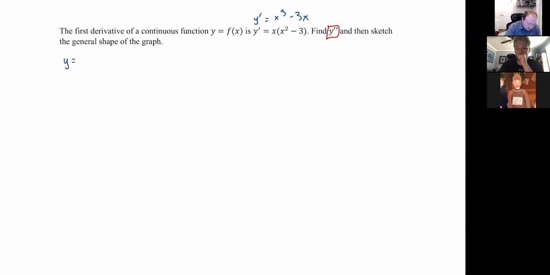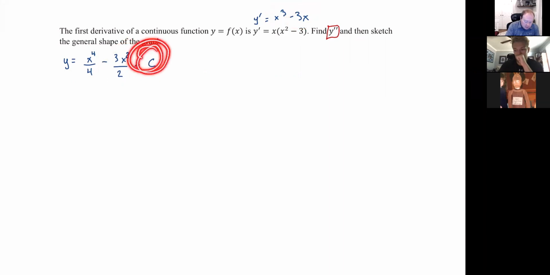If we think backwards, realize that the antiderivative, as we'll define formally in 4.7, y is going to be x to the fourth minus 3x squared over 2 plus some constant c. If you think backwards and take the derivative of this, you would get the x cubed. Take the derivative of this, the 2's would cancel, and it gives you the minus 3x.